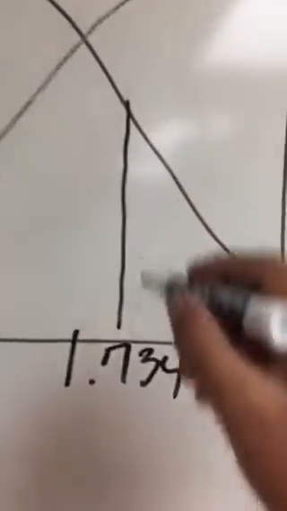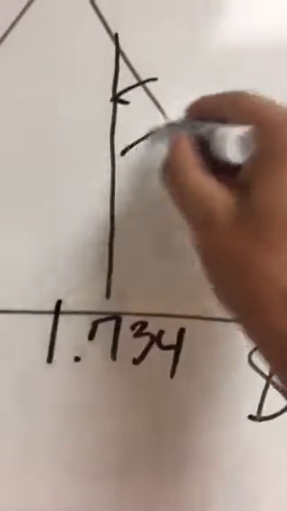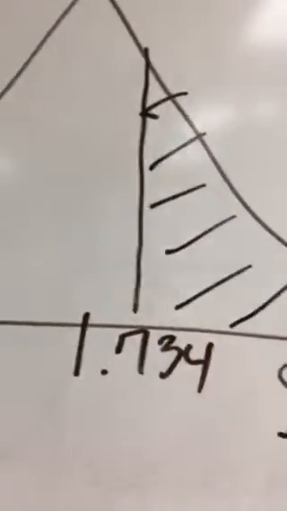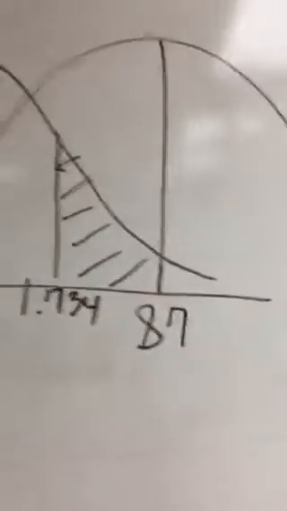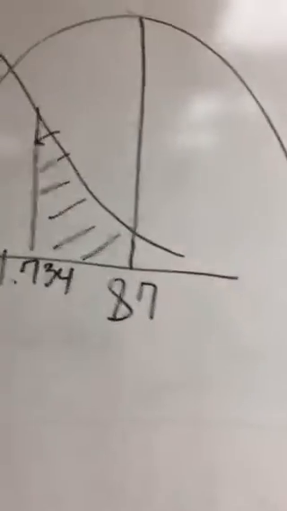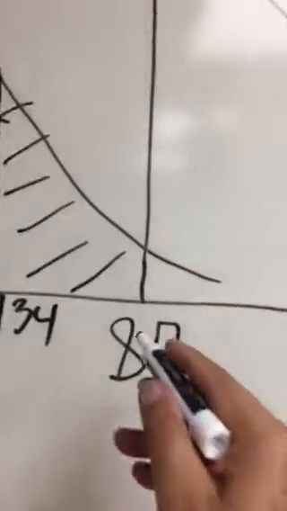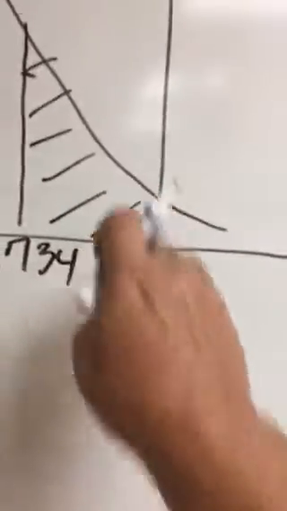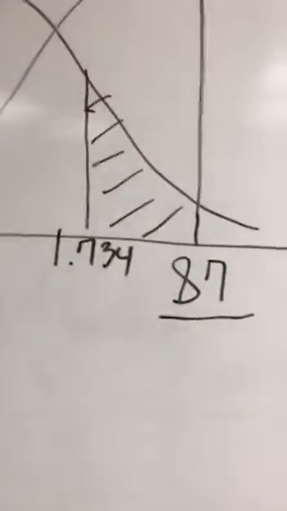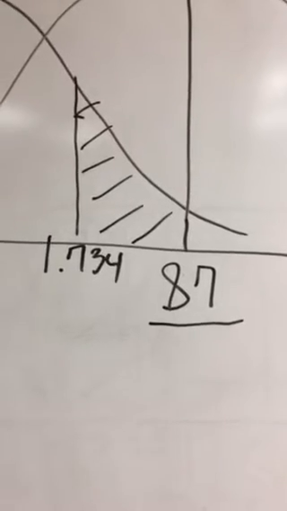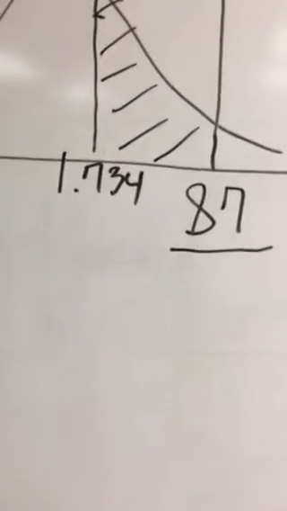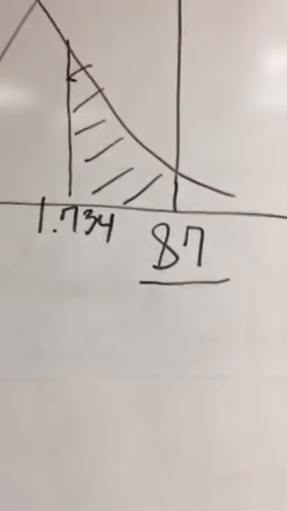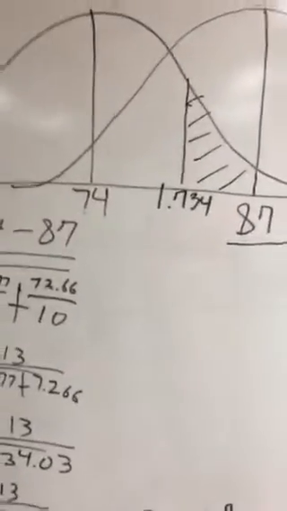So now I can shade this area in, and if the mean of sample 2, which is 87, falls in this critical region here beyond 1.734, then I know that I have a statistically significant difference in the means.